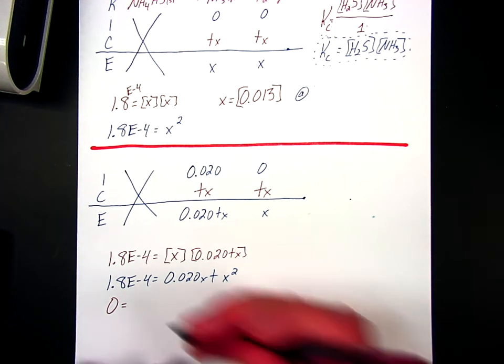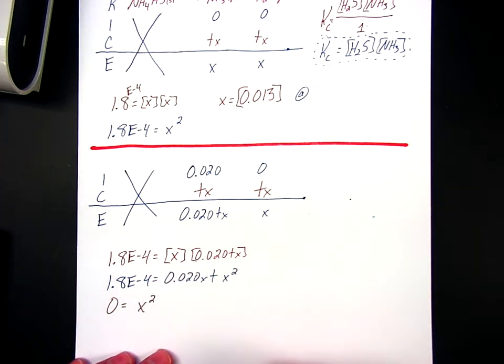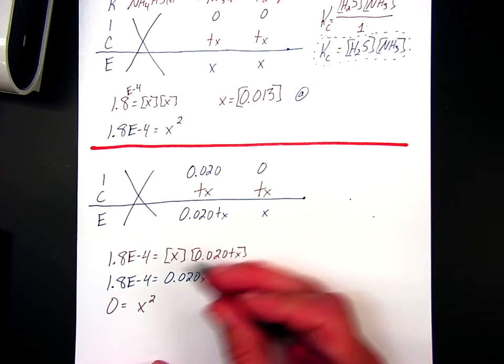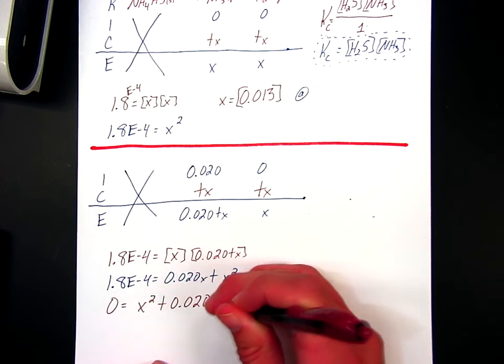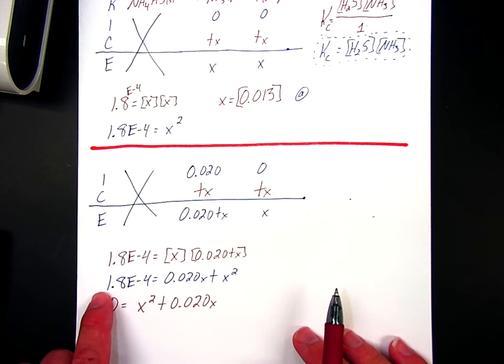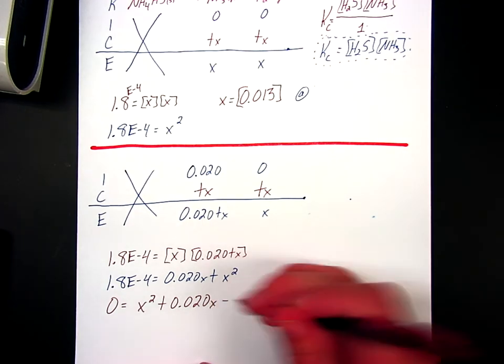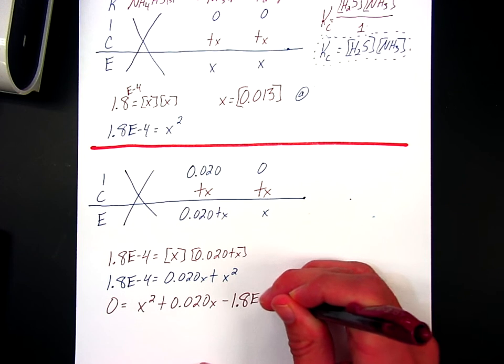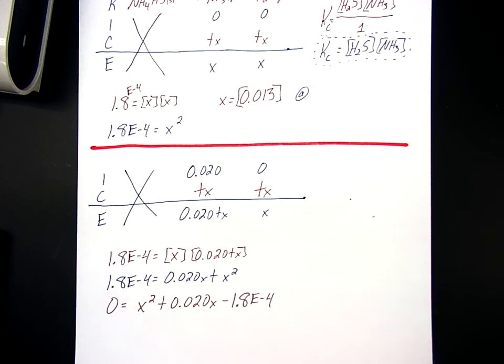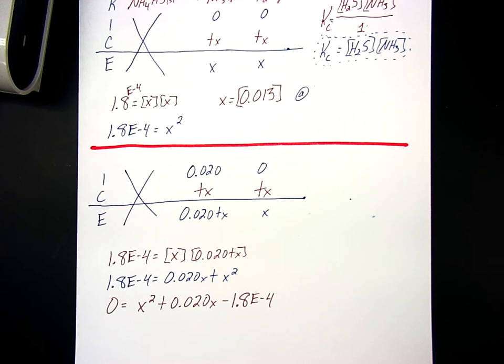So as I move it all around, it'll say X squared, this is positive, so plus 0.020X, and take the opposite sign to move it over here, minus 1.8 E negative 4. And now I've got my quadratic all set up.